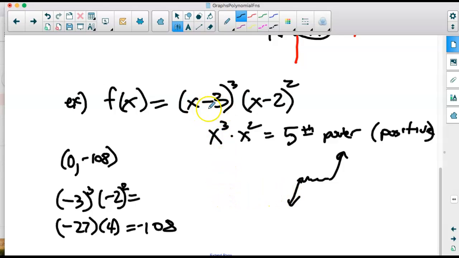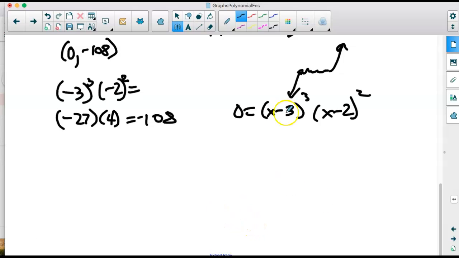Now, we also know that when we set this equal to 0, x minus 3 cubed and x minus 2 squared, we're going to get 2 additional horizontal intercepts. So we get x minus 3 equals 0. That's going to be x equals 3.